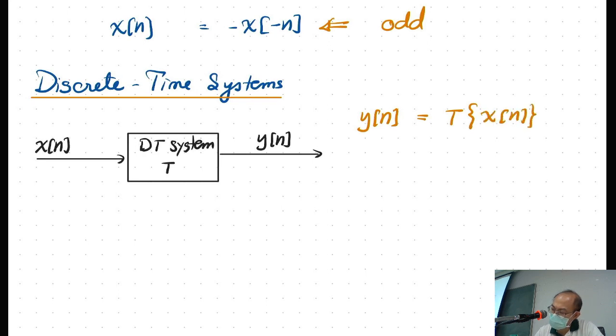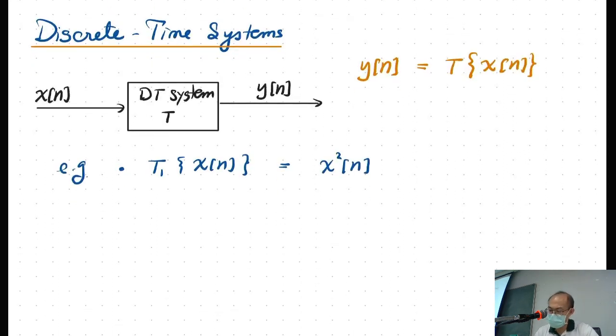In this notation, the system T is given the input x[n], and the system will process the input. Once it is done processing, it will give you the output signal y[n]. For example, the system T1, when given the input signal x[n], might give you the output x[n] squared.